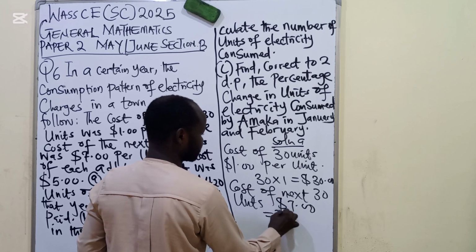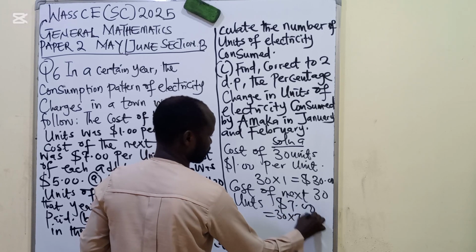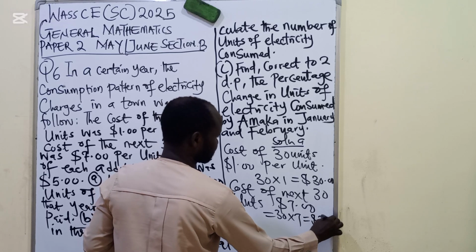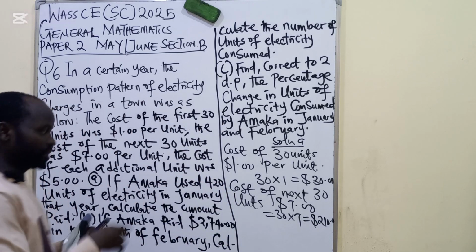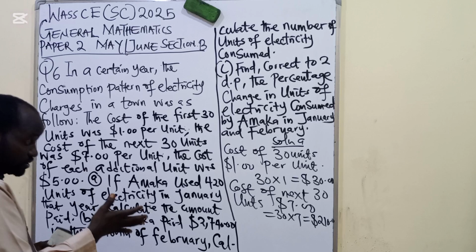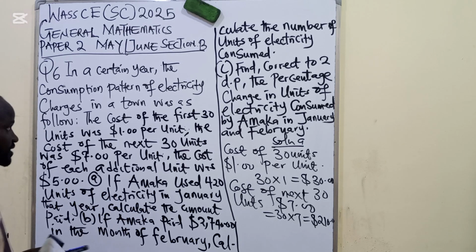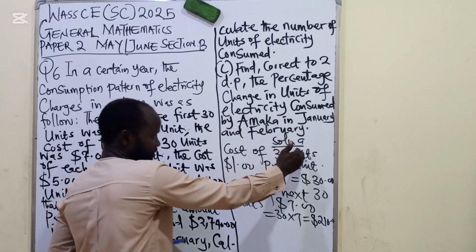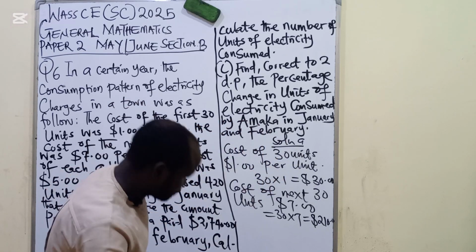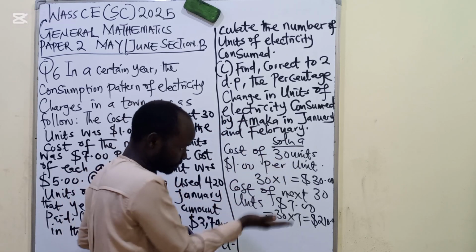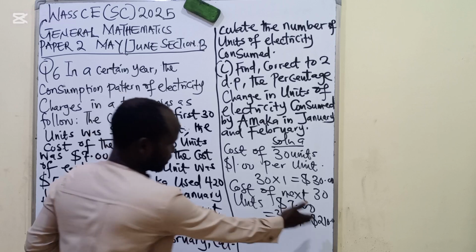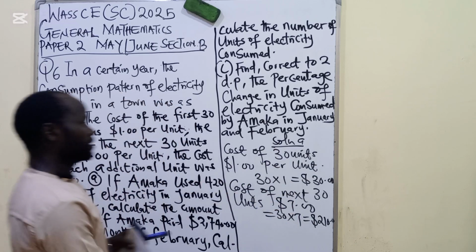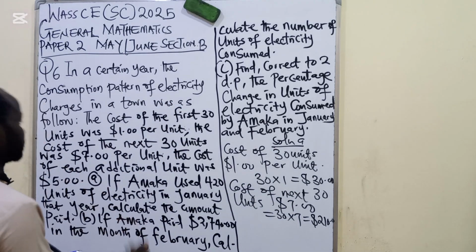That will be 30 times 7, that will be $210. Very important. So it means for 30 units plus 30 units, the cost of the first and the second now will be $210 plus $30, that will be $240.